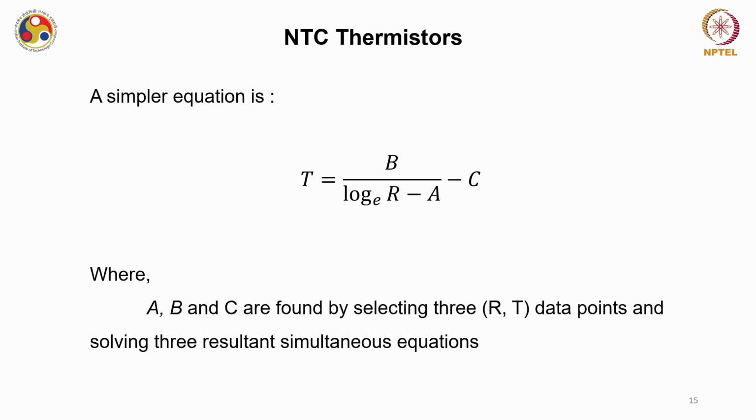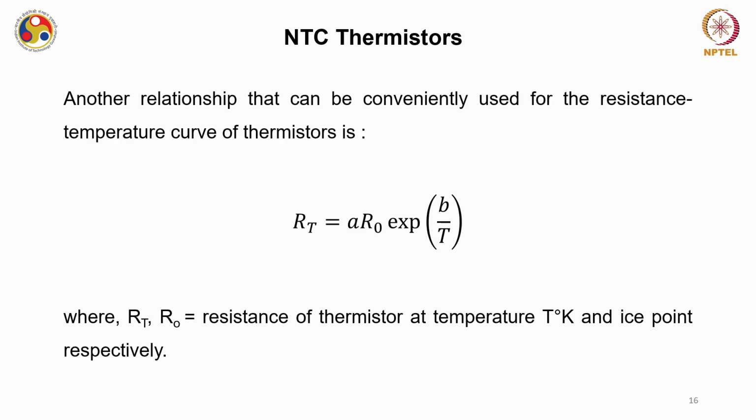Then a simpler equation can also be derived, which suggests that the temperature T = B/(ln R − A) − C, where A, B, C are found by selecting three R and T data points and solving the resulting three simultaneous equations. So this can be another version of the thermistor temperature-resistance relationship.